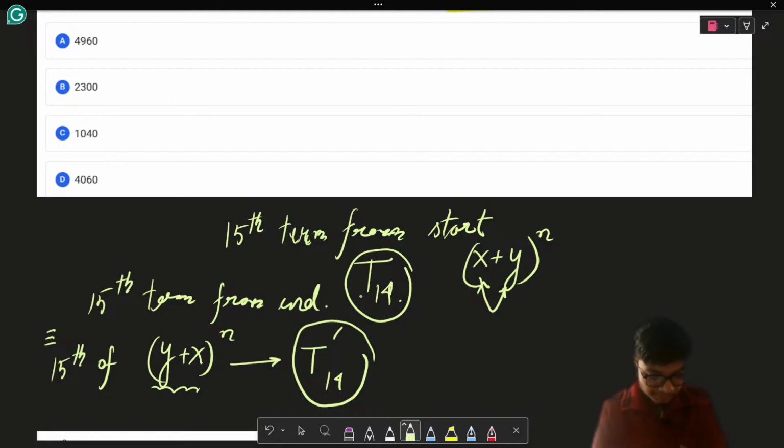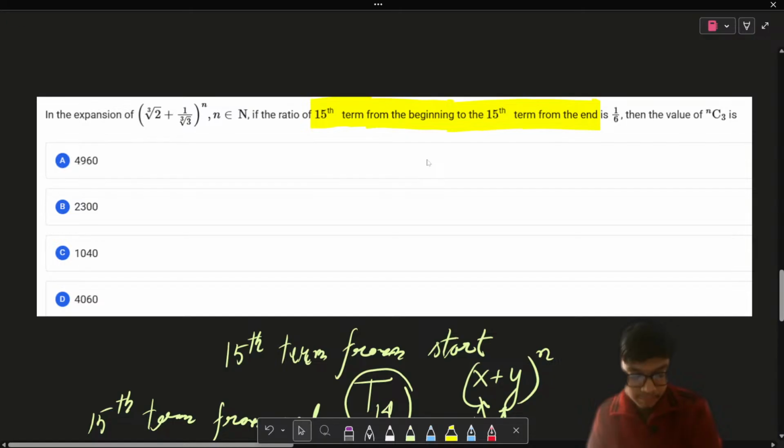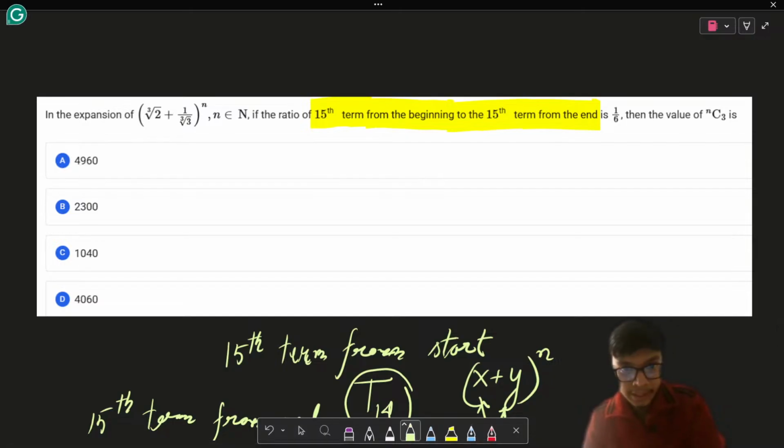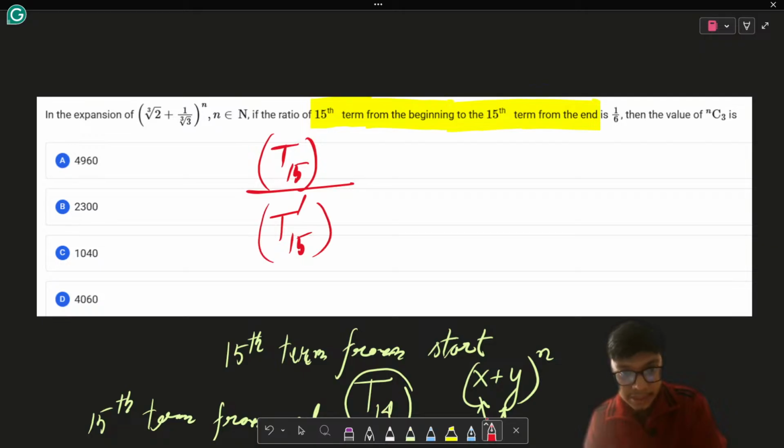So if I do this in this manner, what I will observe over here is the ratio of the 15th term from the start and the 15th term from the end. The 15th term from the start divided by the 15th term from the end, which I am representing as t dash of 15, is given as 1 upon 6, right?